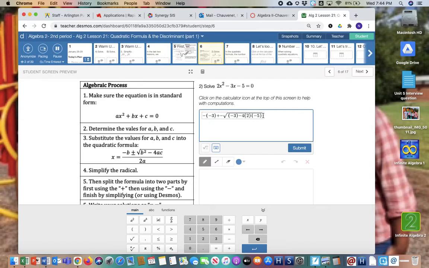And now we divide all of that by 2a, and the a value is 2. Okay? So that's what all that mess should look like.